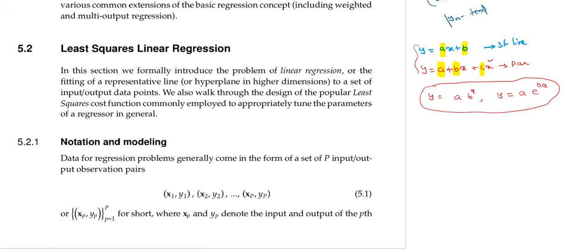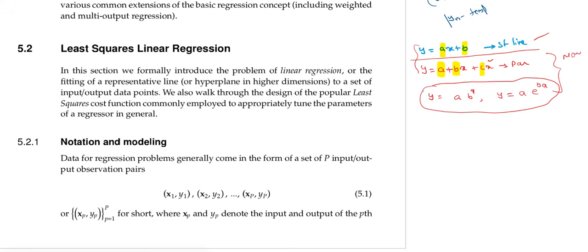I'm talking in terms of a, b, c. But in terms of x and y, only the line is linear and these three are non-linear. In terms of a, b, these two are linear and this one is non-linear.